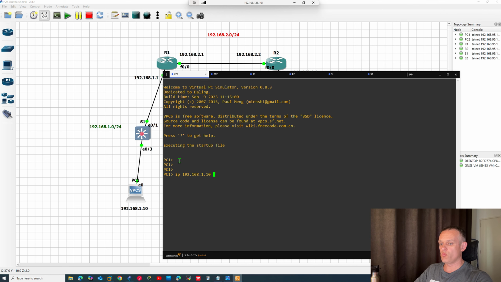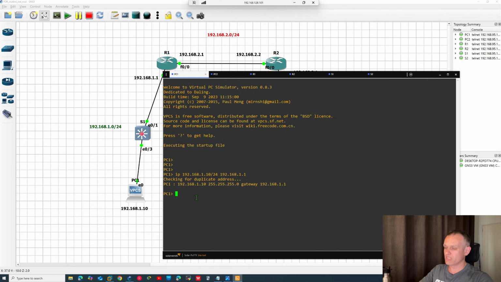We can specify 255.255.255.0, or we can just specify a slash like /24, which is faster. And in this line we also have to specify the default gateway, 192.168.1.1. Enter. Checking for duplicate addresses. We don't have any duplicate addresses.